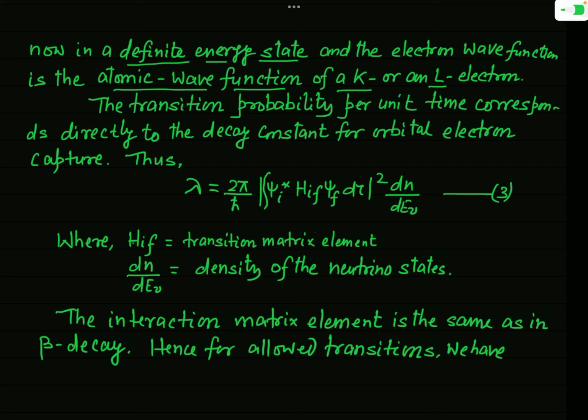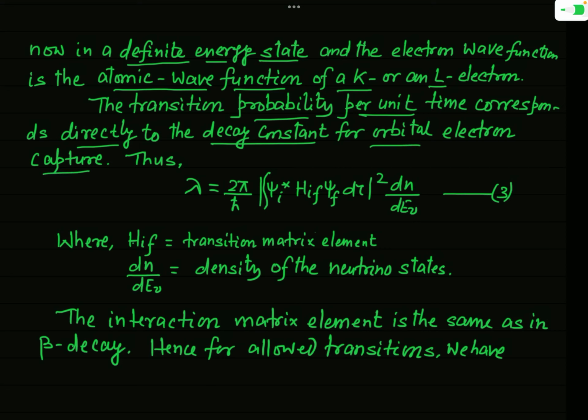Okay, now the same formula for the transition probability per unit time will be used in this case. I have mentioned here that the transition probability per unit time corresponds directly to the decay constant, as it was in beta decay, and for this orbital electron capture.